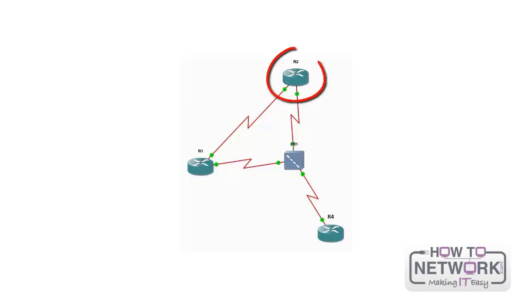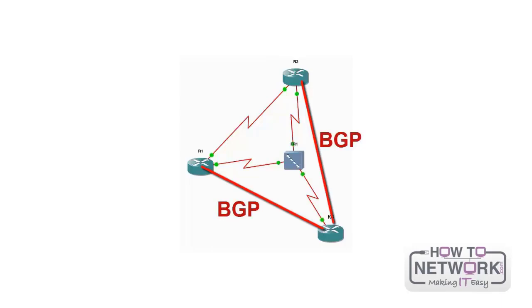We have an administrator, an engineer who works on router 2, and he's saying he sees something very odd. When he looks at routes on router 2, these BGP routes show that they're coming directly from router 1, which doesn't make sense to him because router 2 and router 1 are both spoke routers, not hub routers.